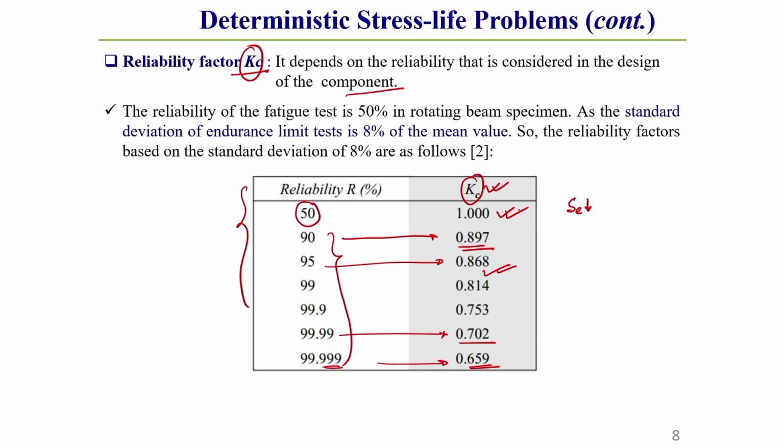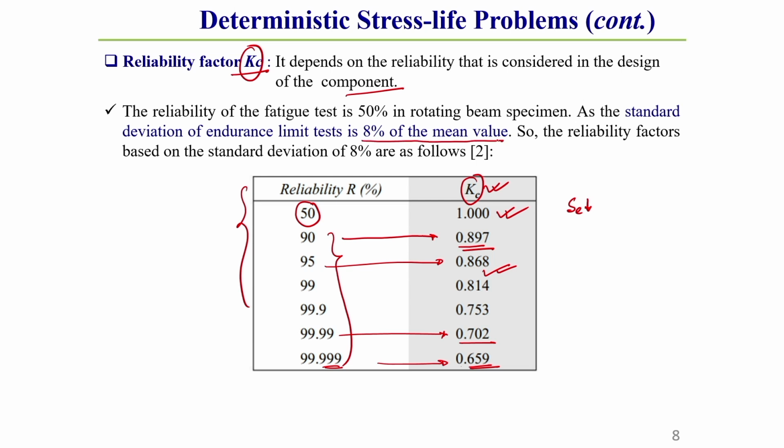Generally this table shown here is based on a standard deviation of 8% of the mean value. Why? Because the standard deviation of the endurance limit test for a rotating beam specimen is generally considered as 8% of the mean value.